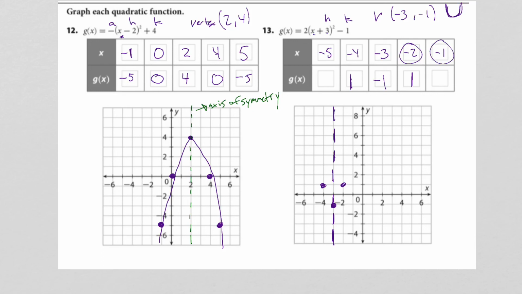Negative 1 plus 3 is 2. 2 squared is 4. 4 times 2 is 8. And 8 minus 1 is 7. So here we go, negative 1 and 7. And if this is 7, that is 7. And there you go. There's another parabola. And this concludes this section of notes, and we'll move on to guided practice.